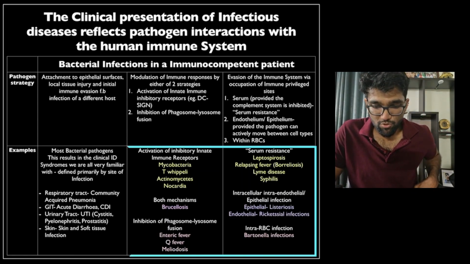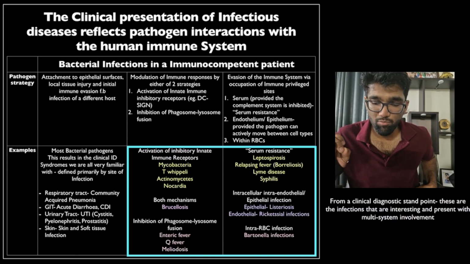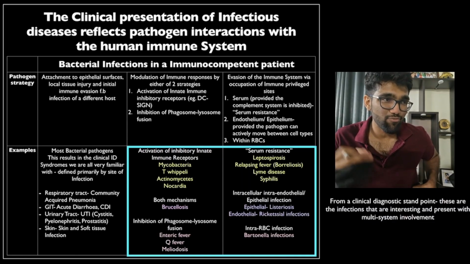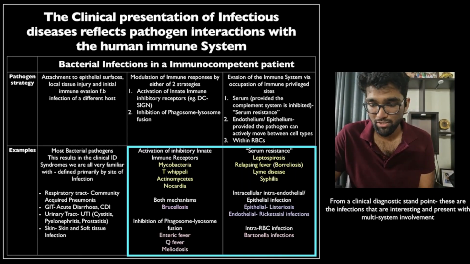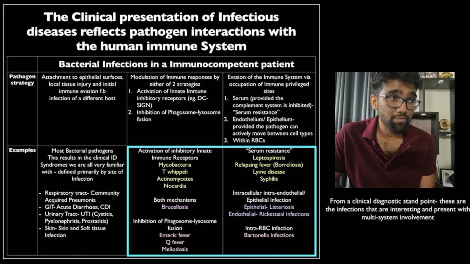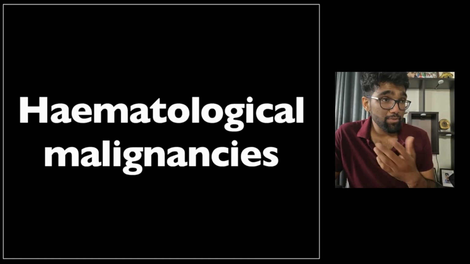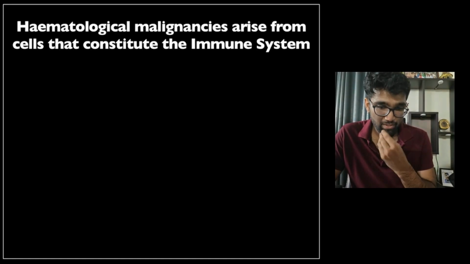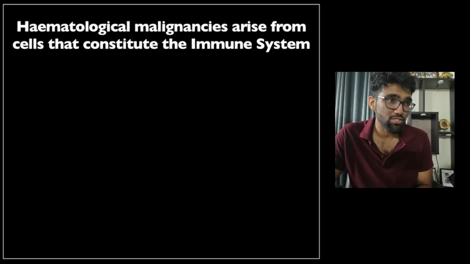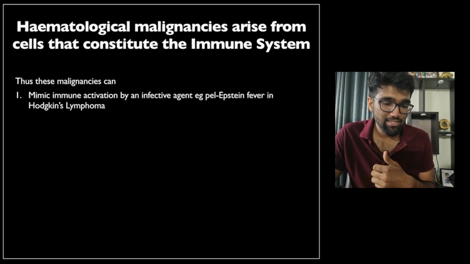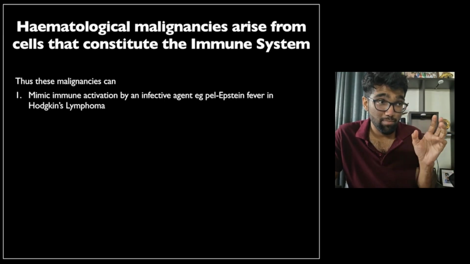So these are the infections that, from a clinical diagnostic standpoint, are the most interesting, and they form the differential diagnosis of systemic autoimmune rheumatic diseases, hematological malignancies and other multisystem disorders. Then we have hematological malignancies. The hematological malignancies arise from cells that constitute the immune system, so these malignancies can mimic immune activation by an infective host, that is, by a pathogen.